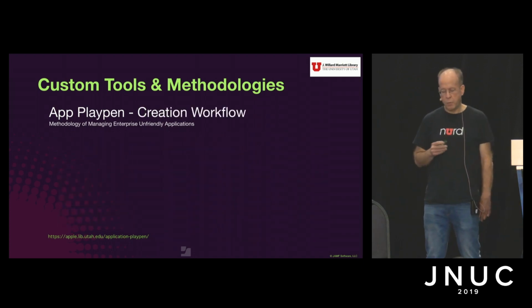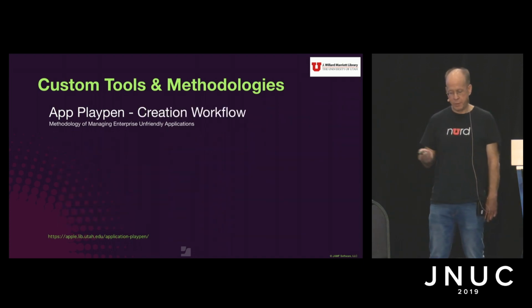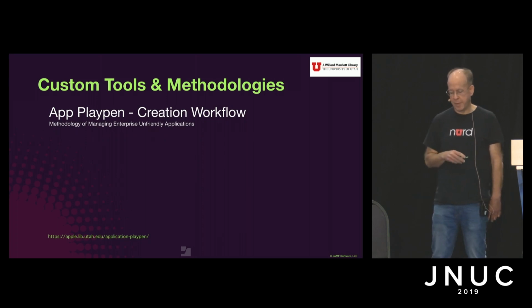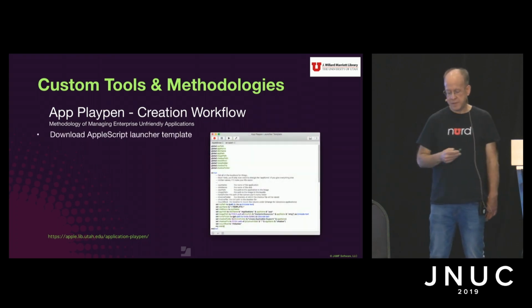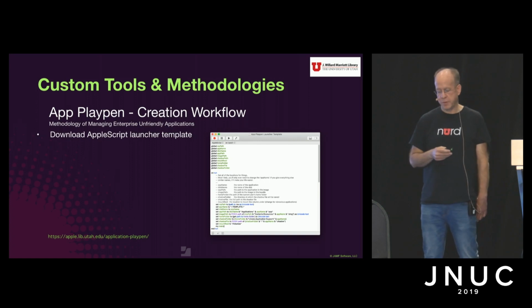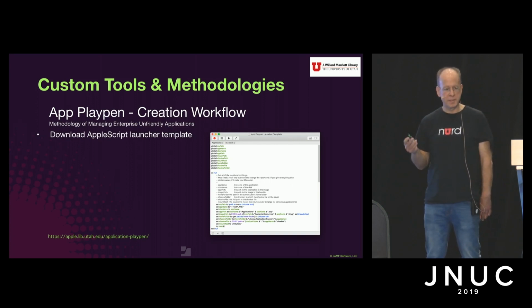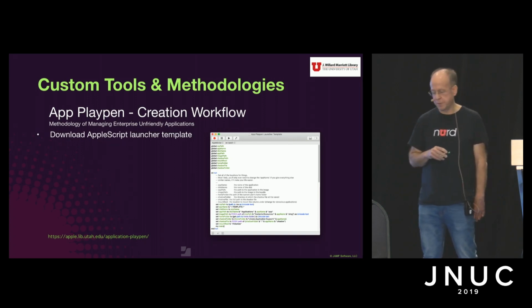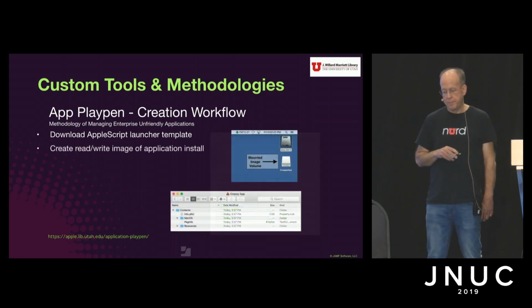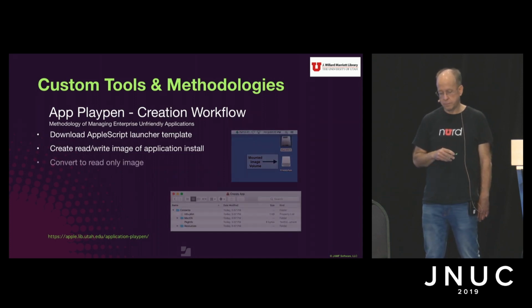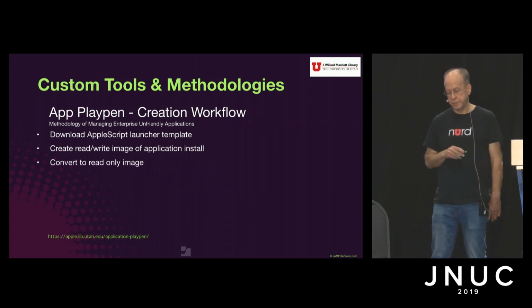So here's a workflow if you want to use this model for yourself on some apps you're kind of concerned about. At this link here, we have a sample AppleScript launcher, and we're currently moving this to Python, but for right now we have this AppleScript. You download that, you create a read-write image of your application install, you convert it to a read-only image.